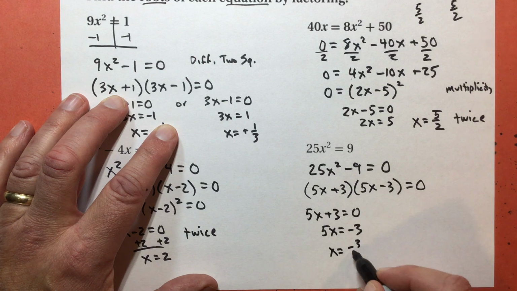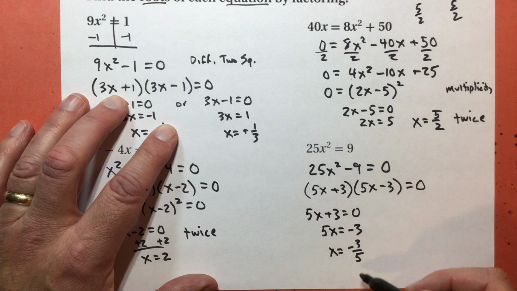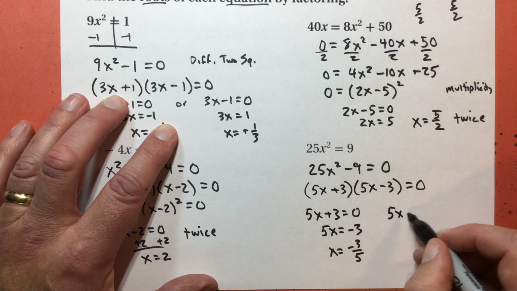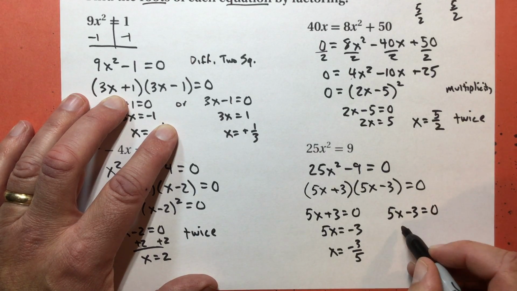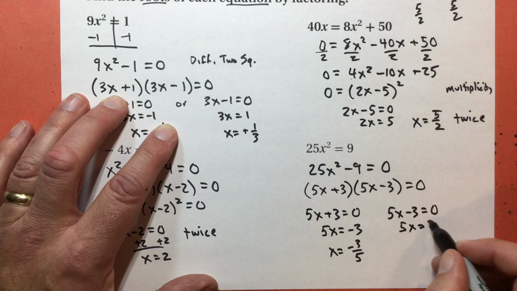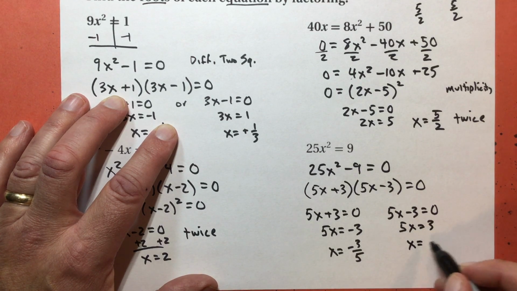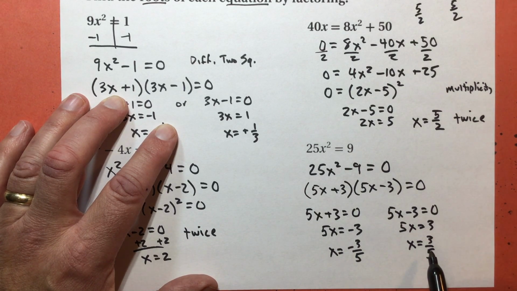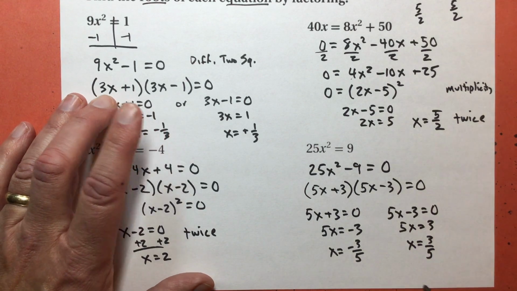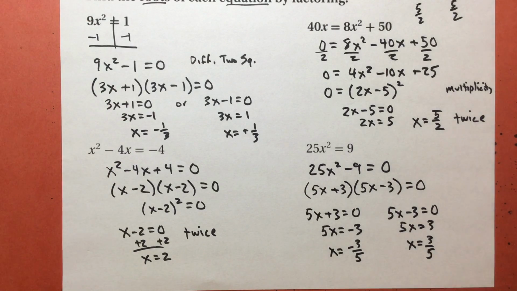X equals negative 3/5. The other one's going to be positive 3/5. 5x minus 3 equals 0. Add 3 to both sides. Divide by 5, and I get positive 3/5. So these are not the same. They are opposites of each other, which is going to happen when I have a difference of two squares. Okay, we'll have lots of examples of that when we get to it. Good luck.